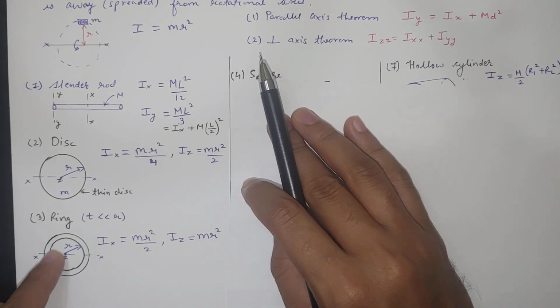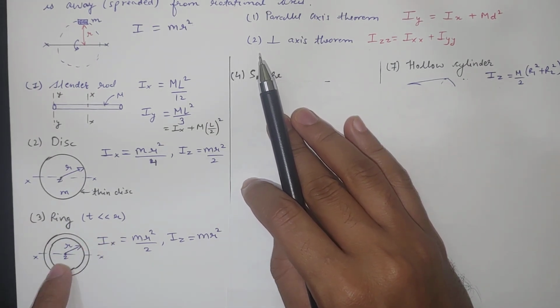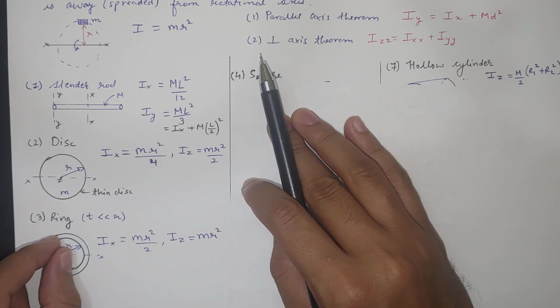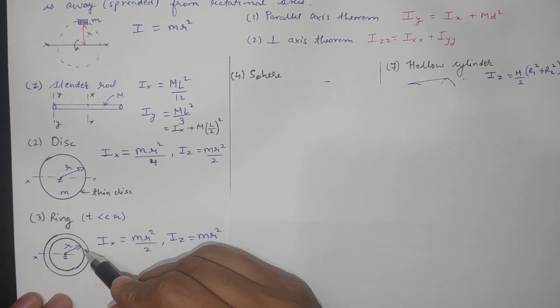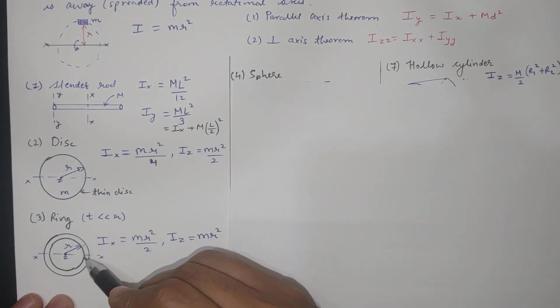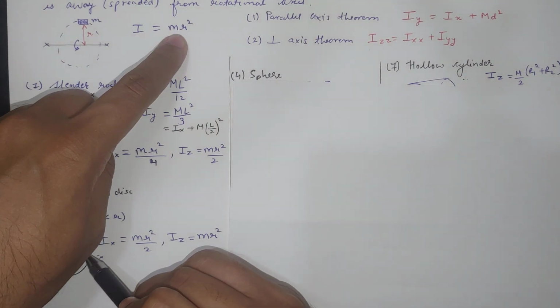Now if you want to calculate for a very thin ring, where the thickness is negligible compared to the radius, so it's a thin ring. If you take any small element of length here, it will have simply mr square.